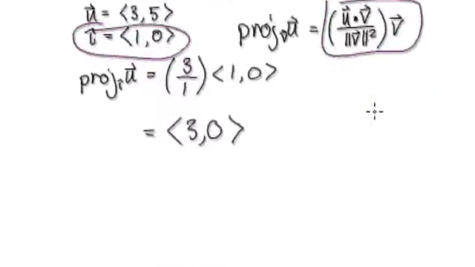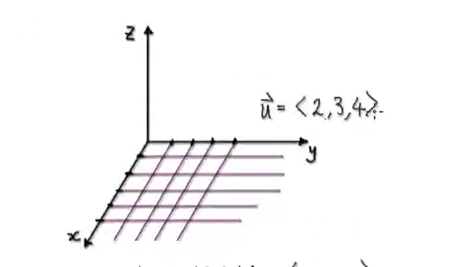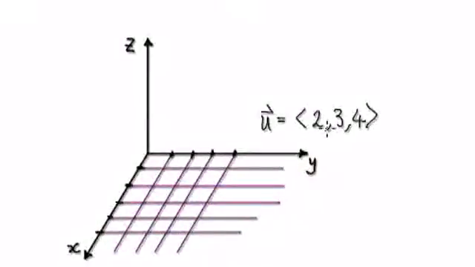Okay, so let's extend this into 3D. Let me illustrate this. Let's say we've got a vector with 2 in the x direction, 3 in the y direction, and 4 up in here. So this is our vector here.